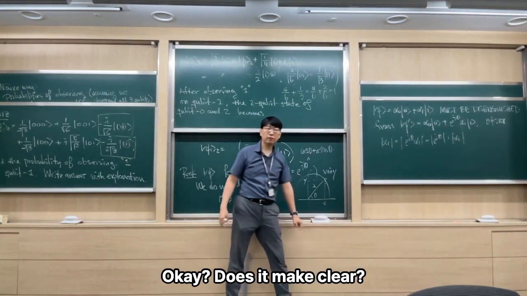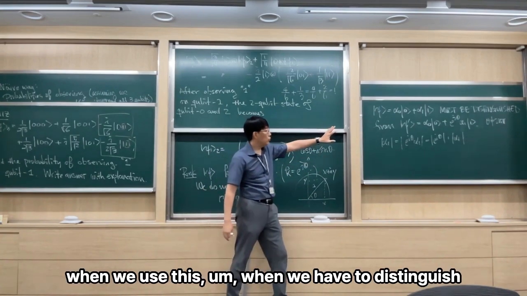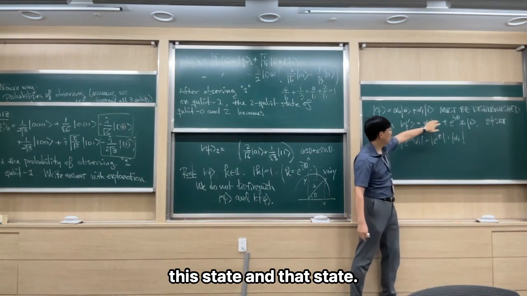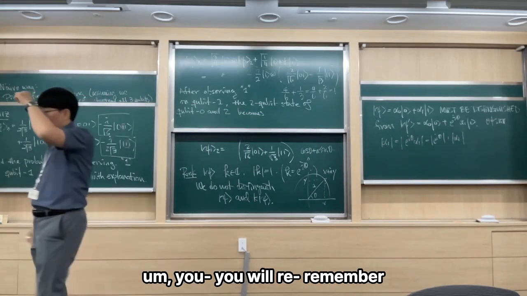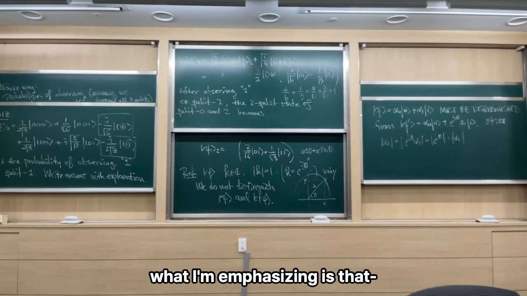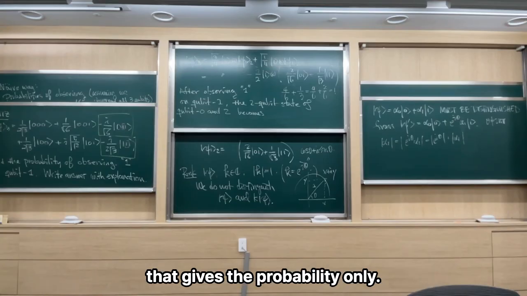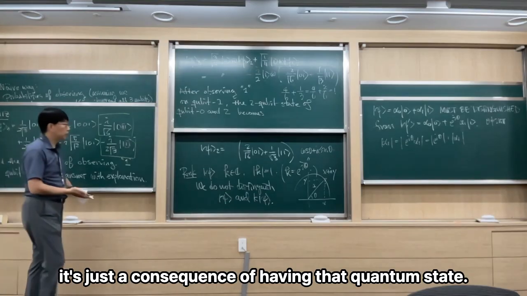Does it make clear? It will appear many times when we have to distinguish this state and that state. So when it comes, you will remember what I meant by this. But for now, what I'm emphasizing is that you shouldn't think of the quantum state as something that gives only the probability. It's not about probability. It's just the consequence of having that quantum state.